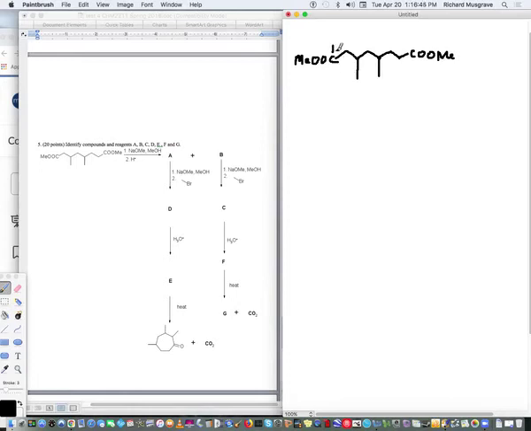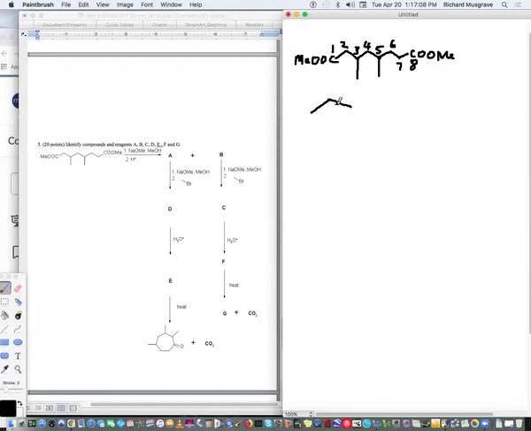Now I like to go ahead and number these as well. So given that it's an 8 chain, you know it's a 7-membered ring, but you also know that from down here as well. So it's going to be 2 ring compounds we're going to get from this.